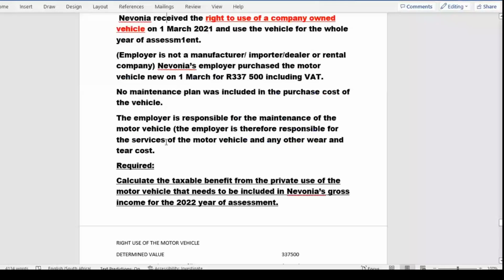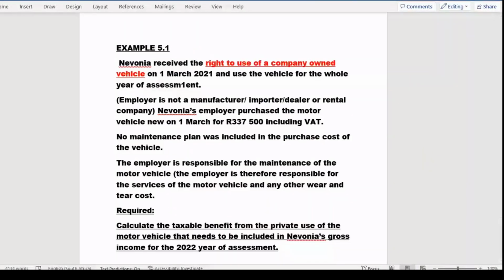All right, here's the question. Okay, go back to the answer. So we are going to say reduced by 3.25%.